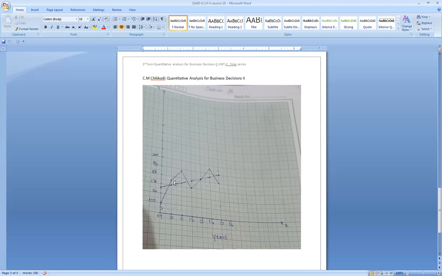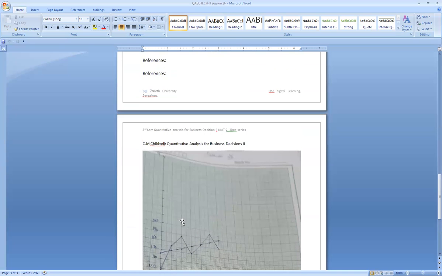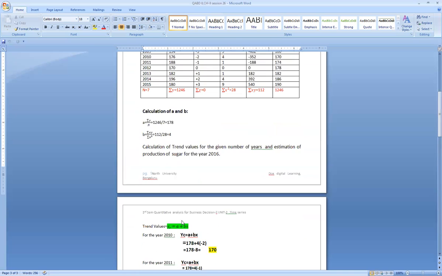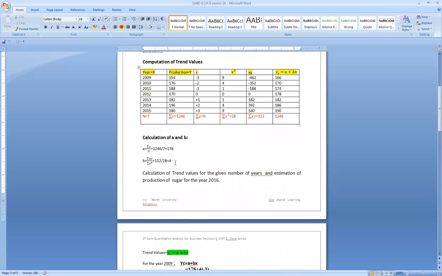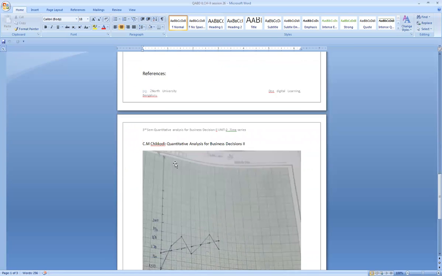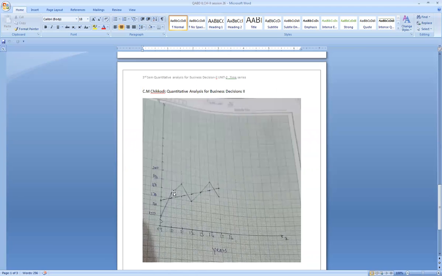After 160, we should mark the sixth small box, that is 176. For 2011, the actual value is given in the question. 2011 it is 188. After 180, the eighth small box. 2012 will be 170.